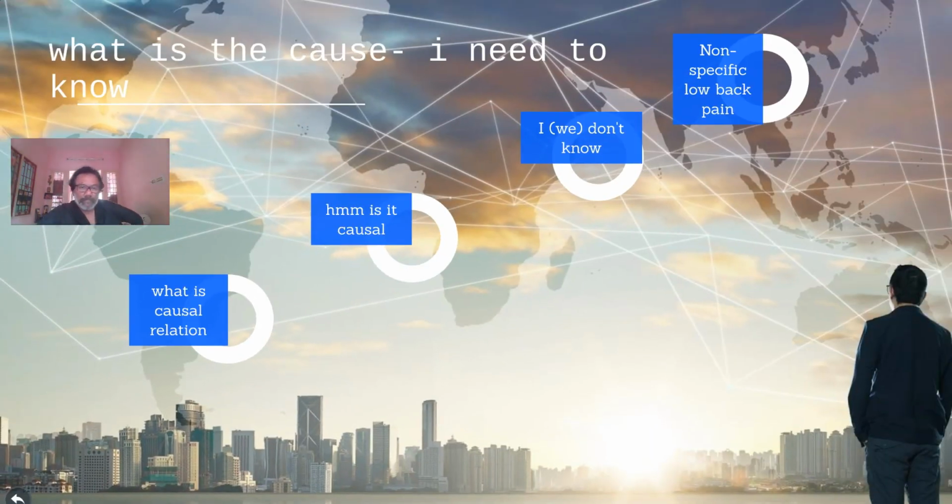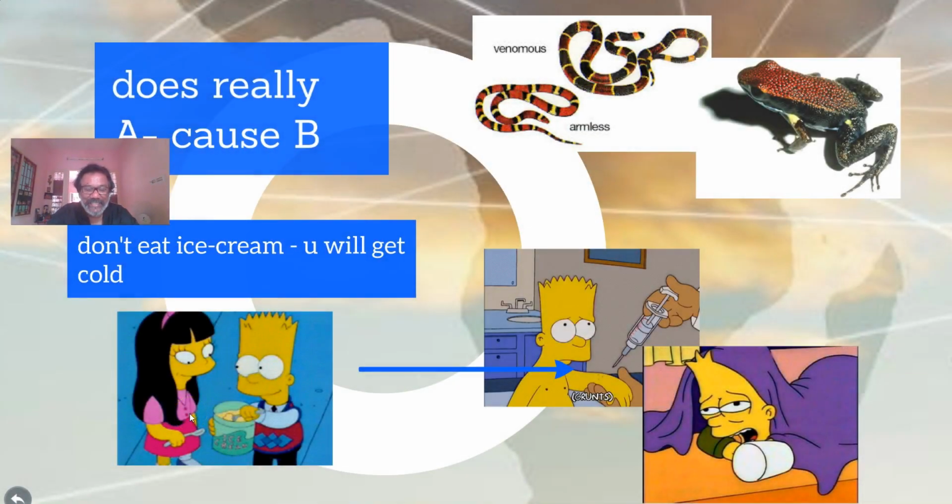The biggest problem with this way of understanding causal relation, not exactly from the point of science, that is if you are doing it with common sense, if you will, is this. One of the easiest examples is they always tell you, don't eat ice cream, you will get cold, you will get sick and things like that.